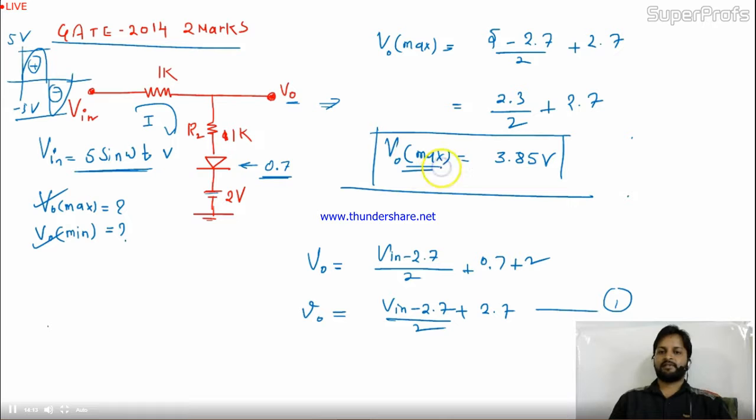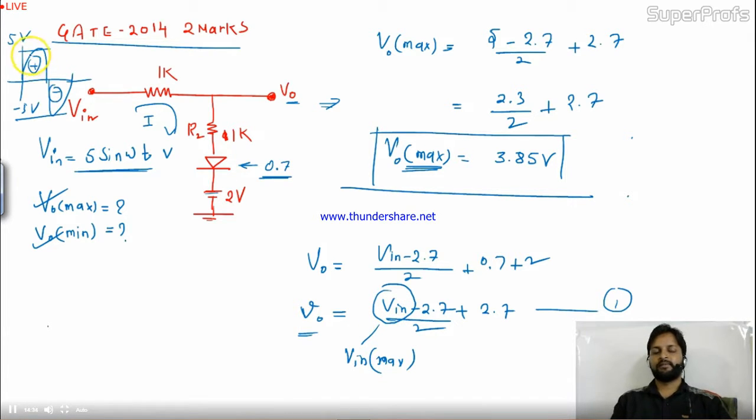The V0 max will be max by this equation at which value? When V in will be high or max. At that value only you will get the maximum value of V0, right? Because V0 is directly proportional to V in. And what is the maximum value of V in? You can see over here, it is 5 volt. I put the value of 5 volt in equation 1, and at the final stage I'm getting 3.85. So this will be V0 max.